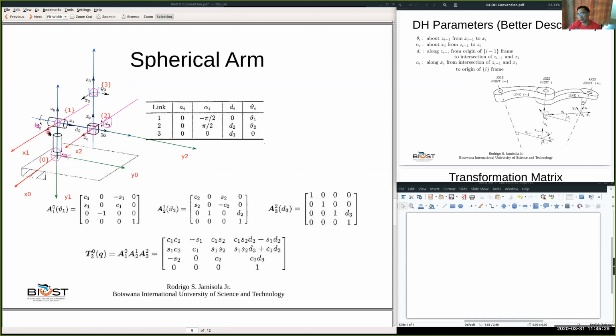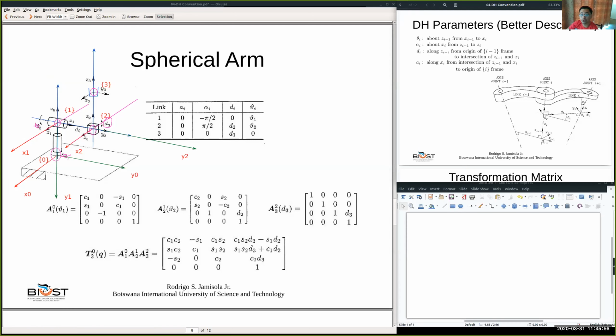Okay, X0, X1, about Z0. That's Z0. So that means there's no rotation from X0 to X1. So that is 0. In this configuration it is 0, but because theta is our variable, we put it as theta 1. We don't put it as theta 0.